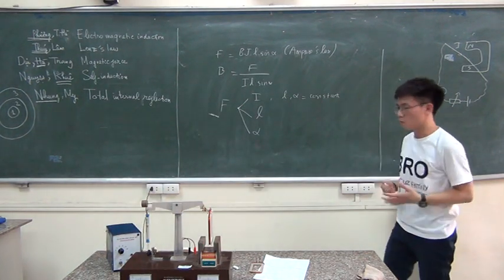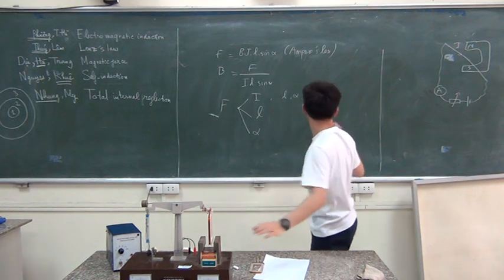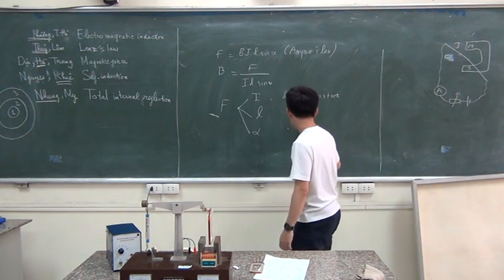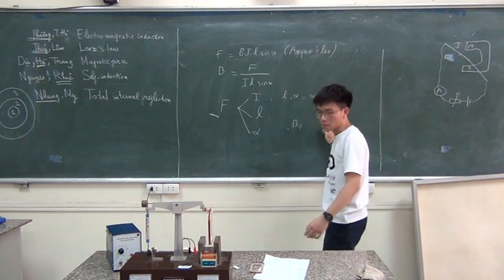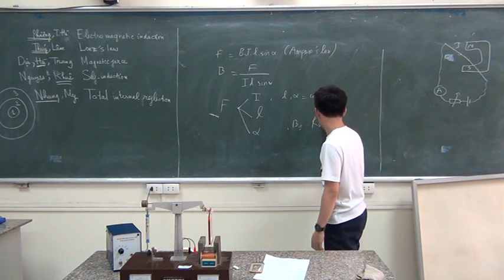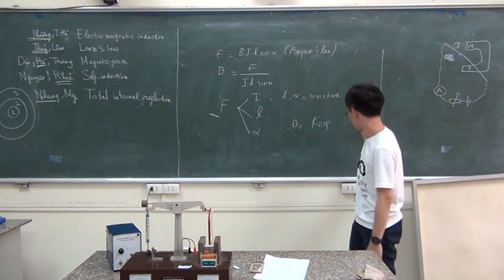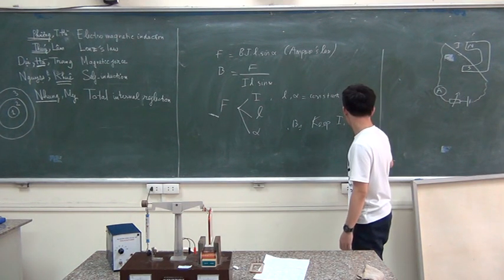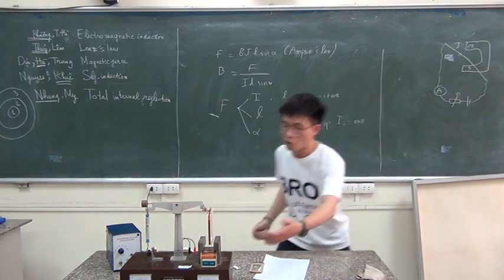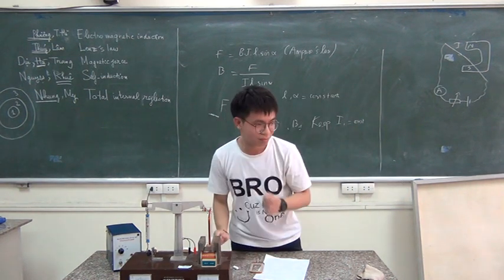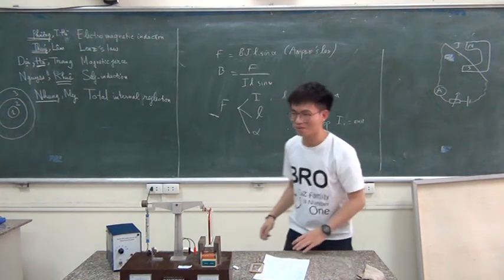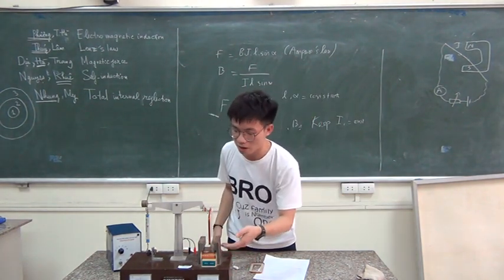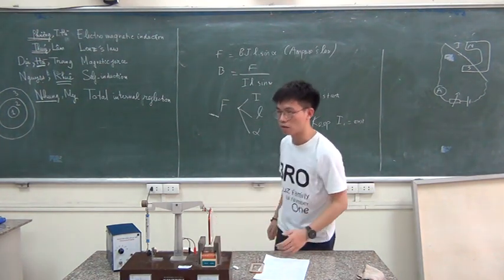Okay, before the experiment, we need to keep the magnet, we keep the current going through the electromagnet constant.